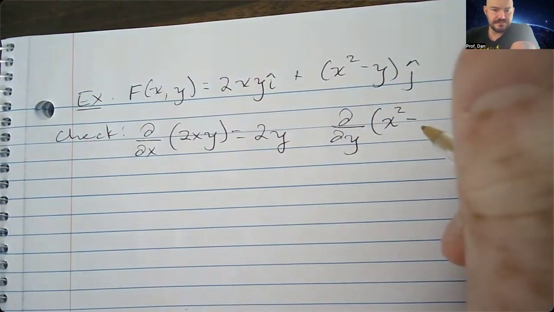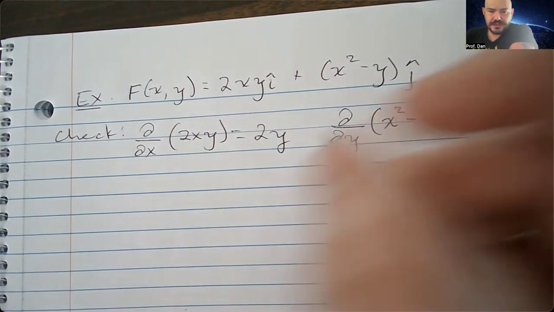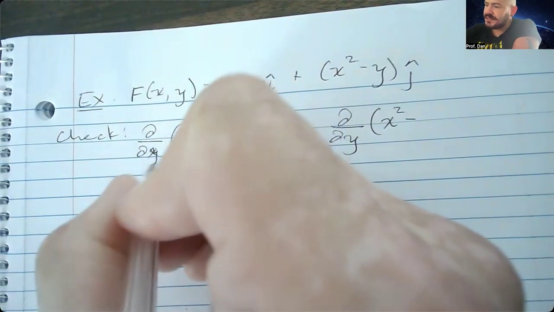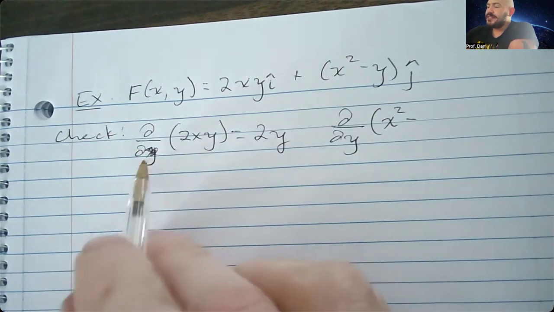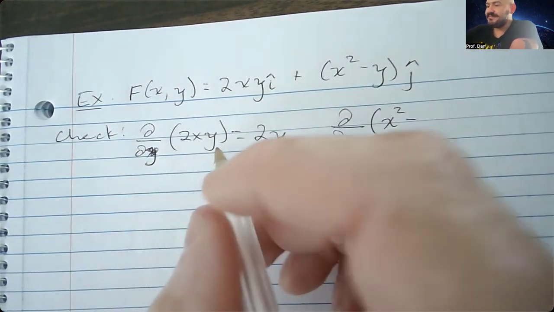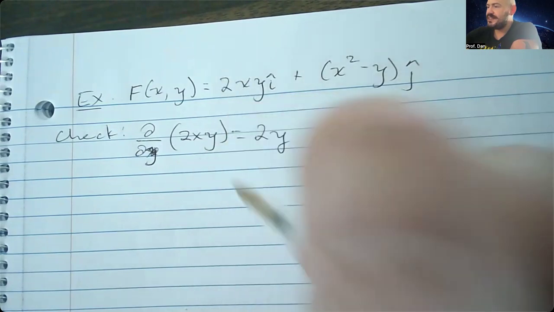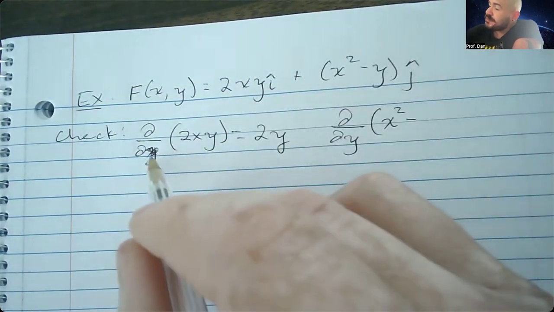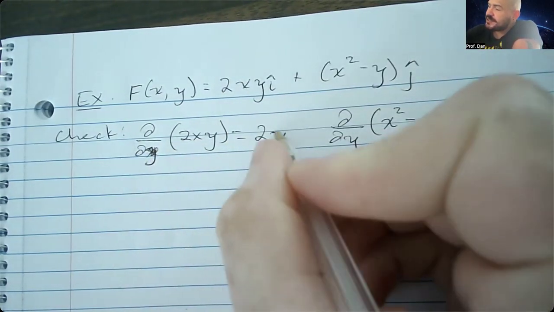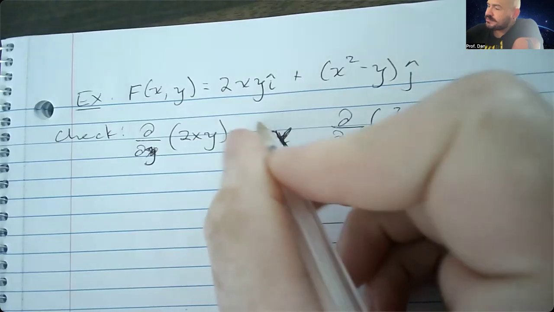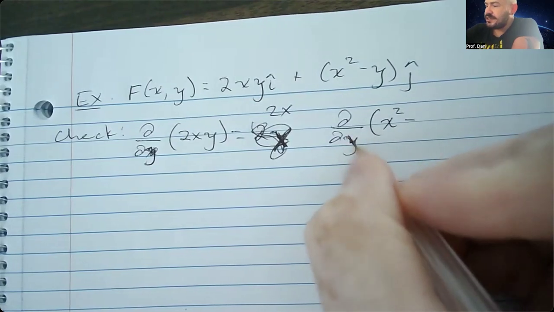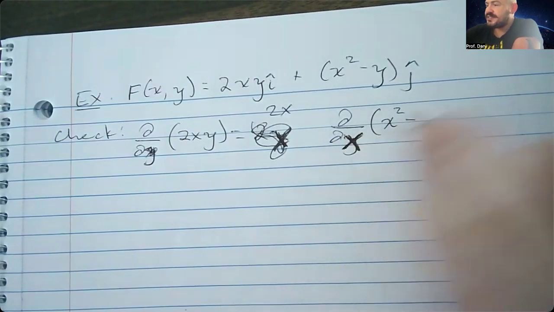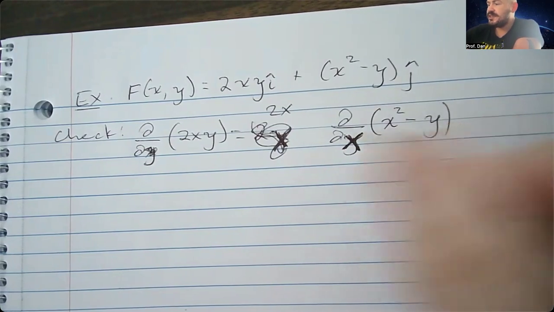Wait, hold up. I did that backwards. My bad, y'all. So the partial with respect to y of your x component. This is why it makes sense to write it out the way I did the first time. But anyway, if I take this derivative, that actually gives me 2x, not 2y. And then here we're taking the partial with respect to x of the y component.